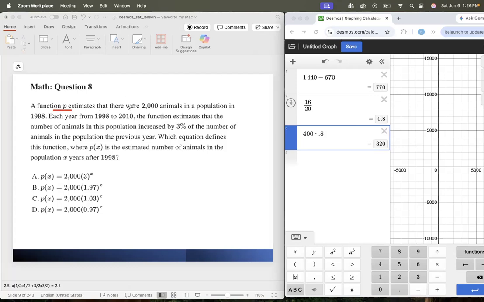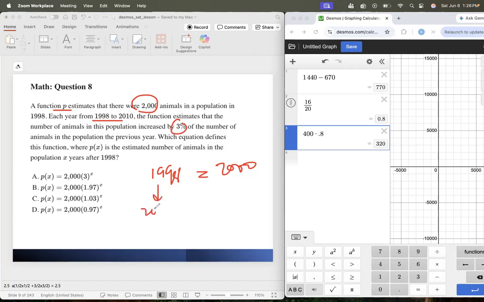Function p estimates the population of about 2,000 animals in 1998. So in 1998, the population is 2,000, where p is estimating a value. Each year from 1998 to 2010, the population estimate is that the number of animals in this population will increase by 3%.